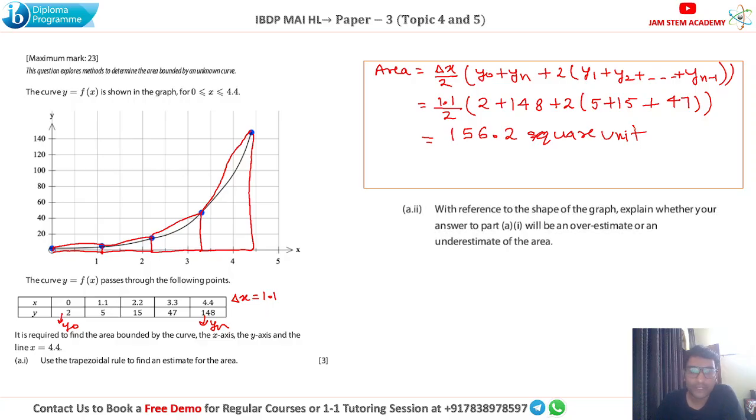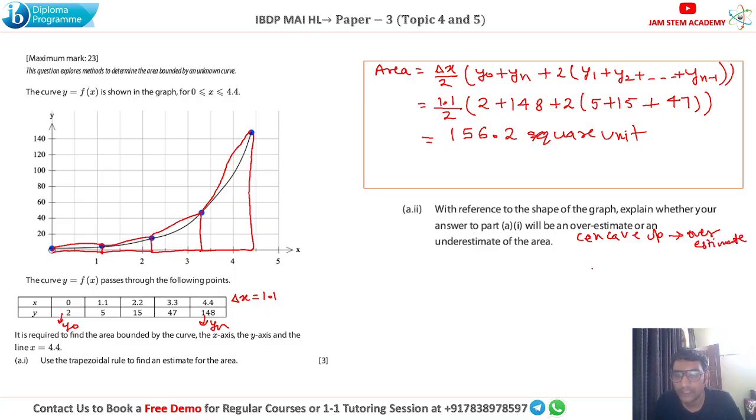Now, part 2 says, with reference to the shape of the graph, explain whether your answer to part A1 is overestimated or underestimated. Shape means concavity. If it is concave upward, then the area comes out as overestimated.